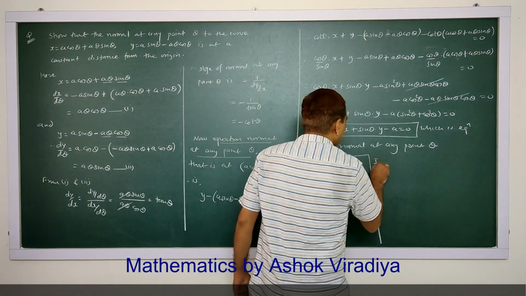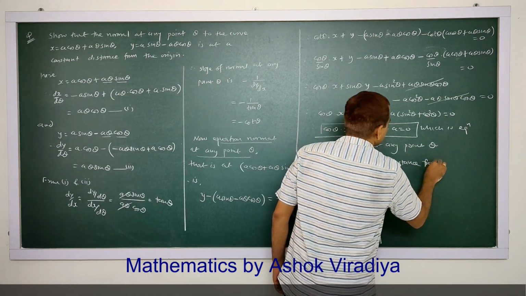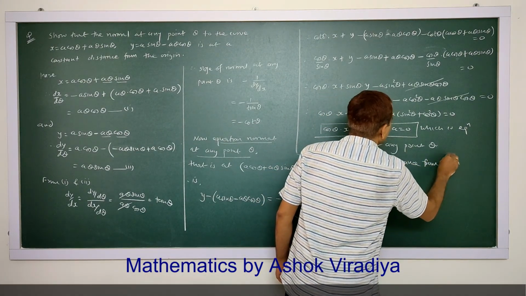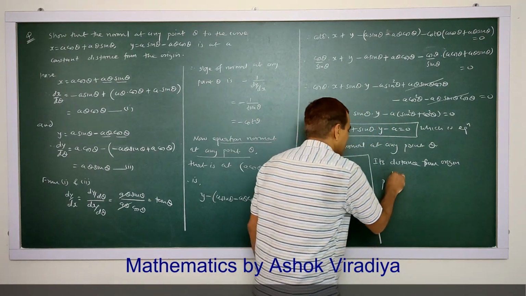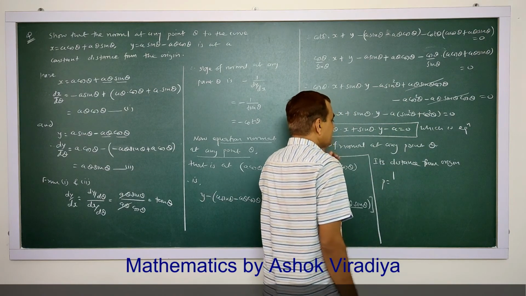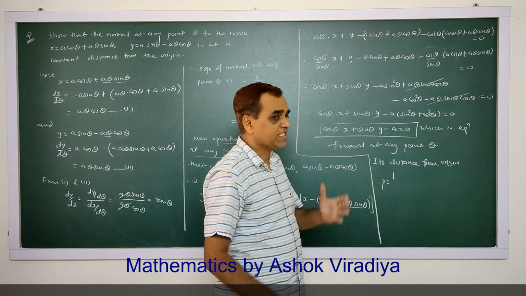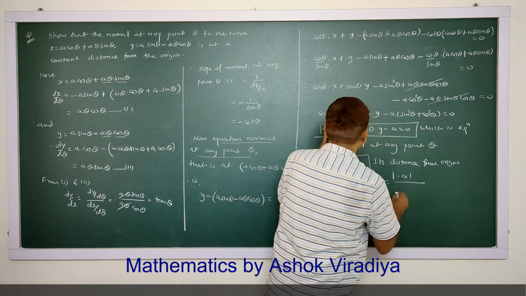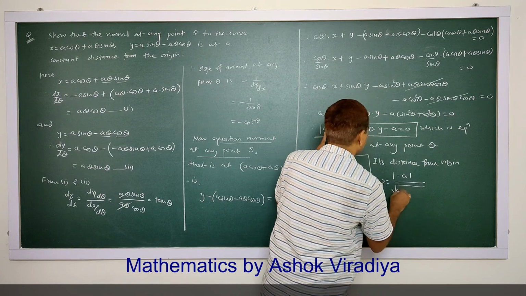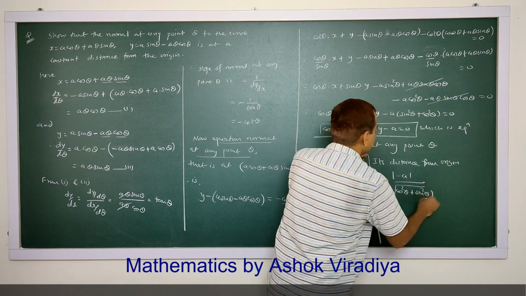So its distance from origin p is equal to modulus, distance of any line from 0, 0, that is modulus c upon root a square plus b square cos square theta plus sin square theta.